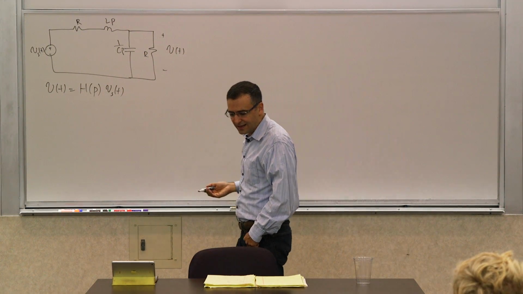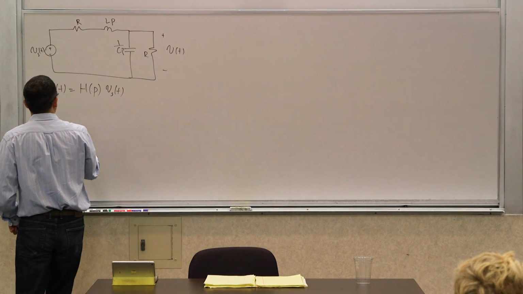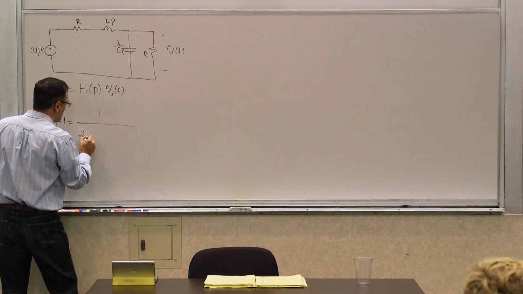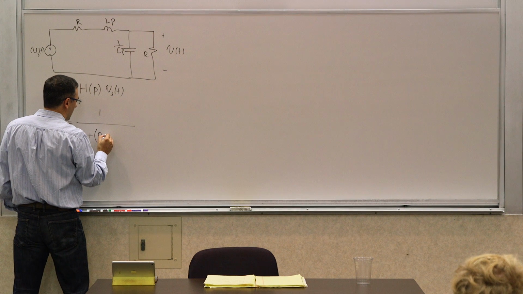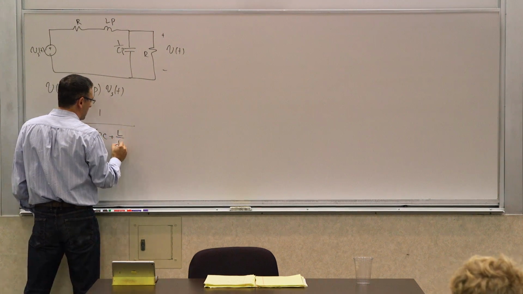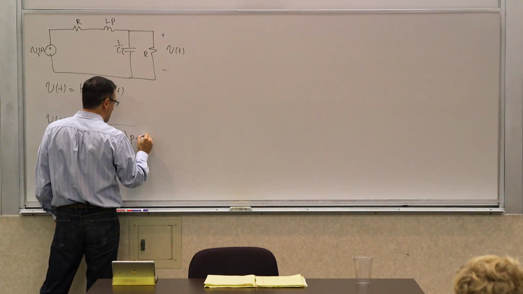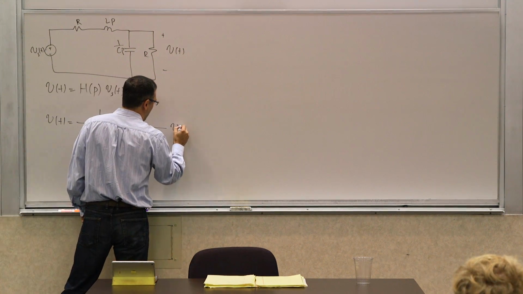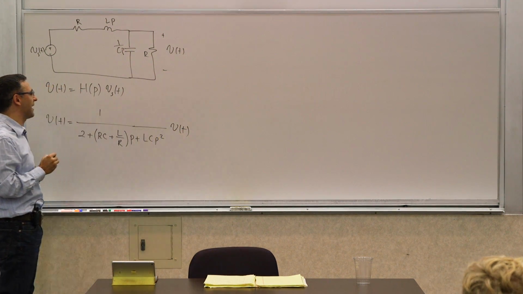We did it last time, so I'm not going to redo it. I believe V of t was 1 over 2 plus RC plus L over R p plus LC p squared, operating on Vs of t. So we did this from last time.